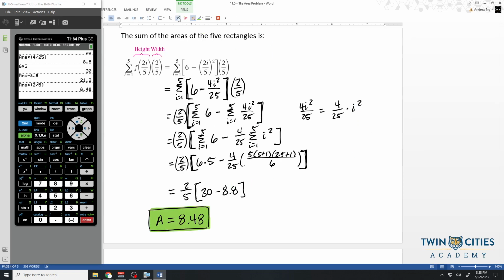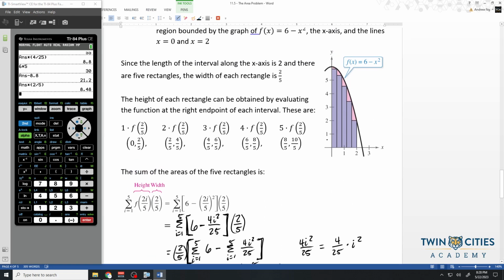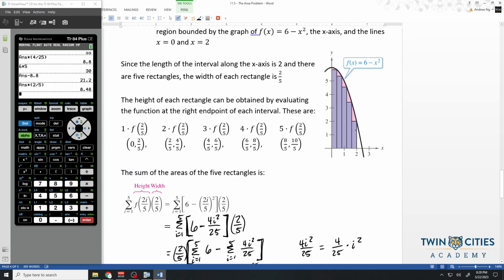Now I'm going to scroll back up and let's look at that image again. This area is about 8.48 square units, but the area that we found is an approximation. It's not perfect. Okay, why do you think that is? It's because of these empty spaces here.